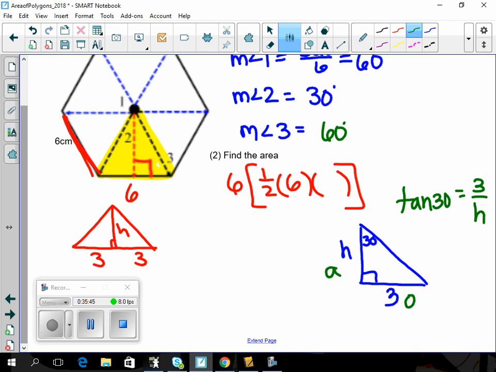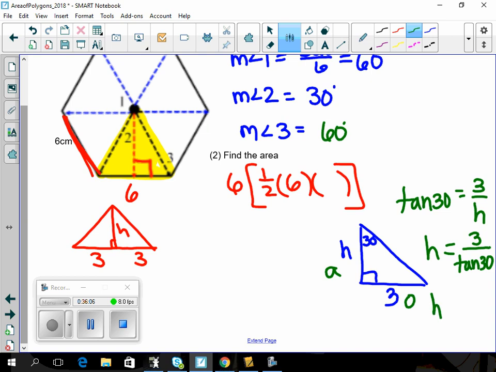And it's not the first time we've done this today. How do I solve this for h? How do I solve it for what I'm looking for? Multiply by h and then divide by tangent of 30. So h is equal to 3 divided by the tangent of 30.